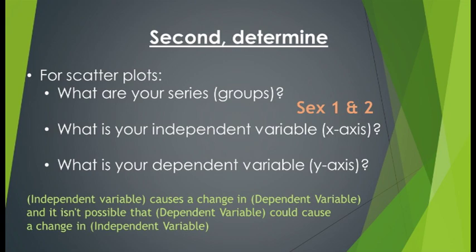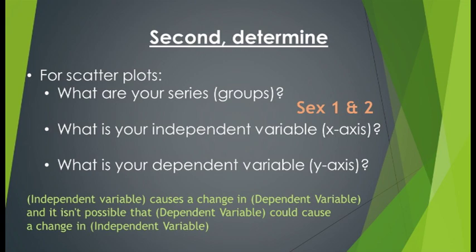Independent variable causes a change in the dependent variable, and it isn't possible that the dependent variable could cause a change in the independent variable. In our case, we want to examine the relationship between age and weight within each sex, which makes more sense. Age causes a change in weight, and it isn't possible that weight could cause a change in age.